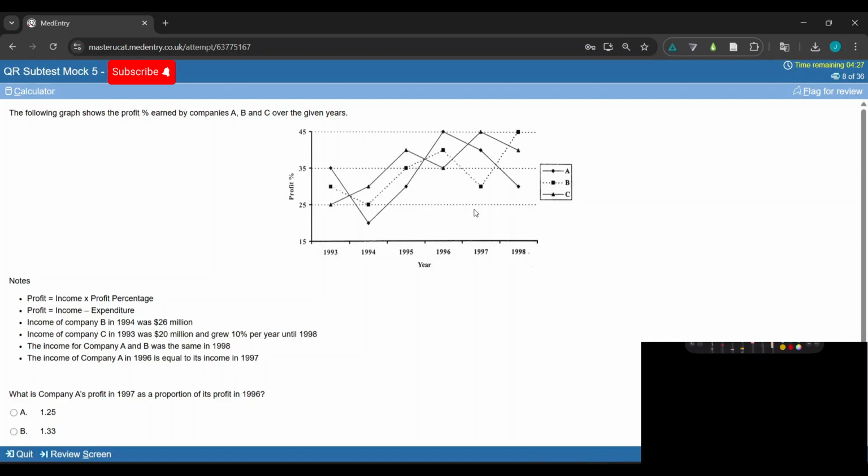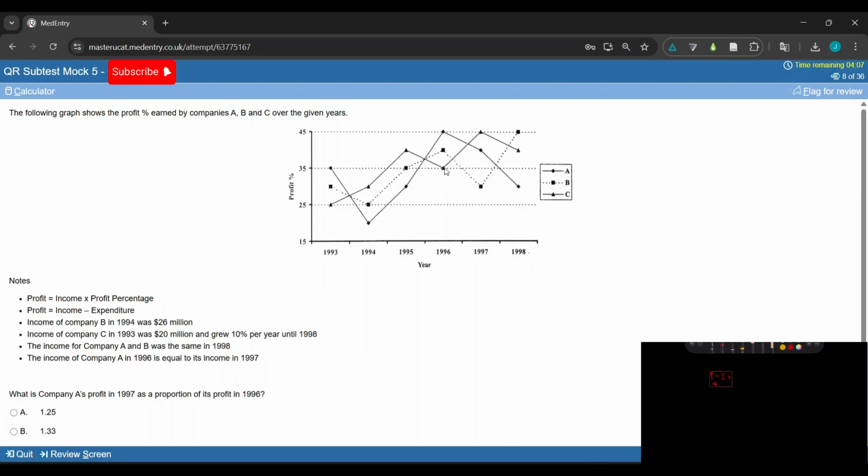Income for A in 1996. Profit equals income times the profit percentage. This is for 97. Oh, sorry, let's go 96 first.